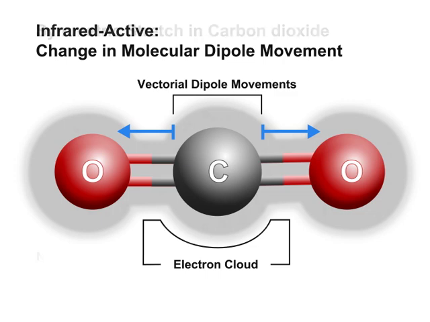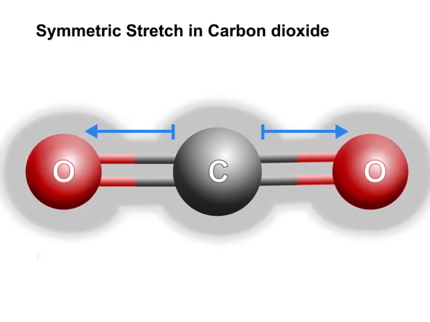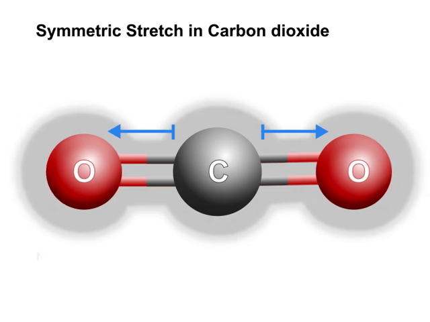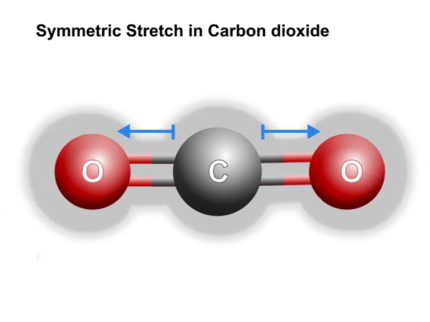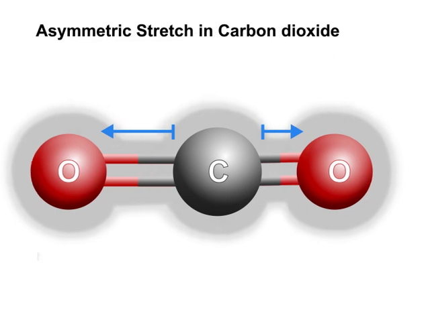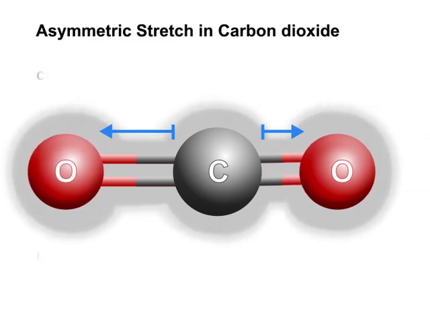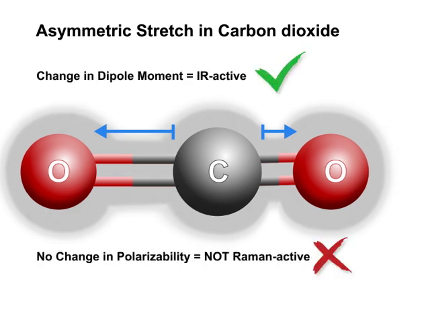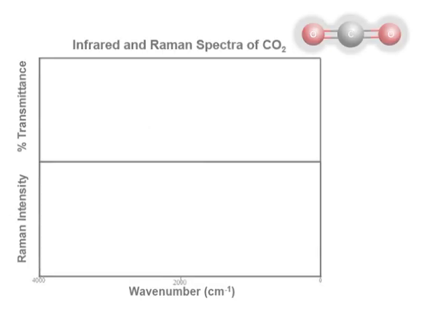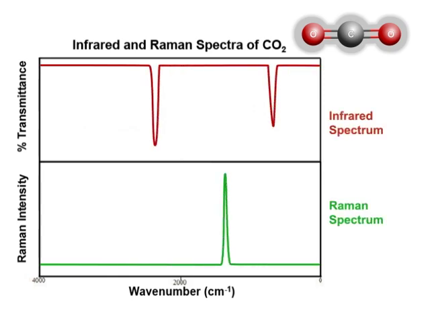For example, symmetrical stretches, like expansion in carbon dioxide, cause electrons to move away from nuclei and become easily polarizable, but do not change the dipole moment. An asymmetrical stretch, on the other hand, results in change in dipole moment, but no change in polarizability. For these reasons, Raman and infrared spectroscopy are treated as complementary methods of chemical analysis.